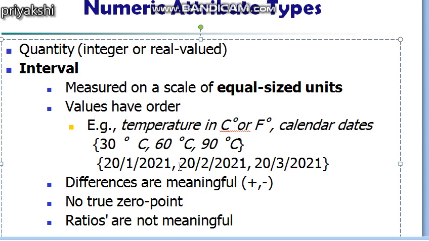And if you see the dates, there is a 1 month or 30 days gap between each date. So we can measure the differences, and the differences are meaningful in case of interval and ratio scale variables. So we can apply the addition and subtraction operations.